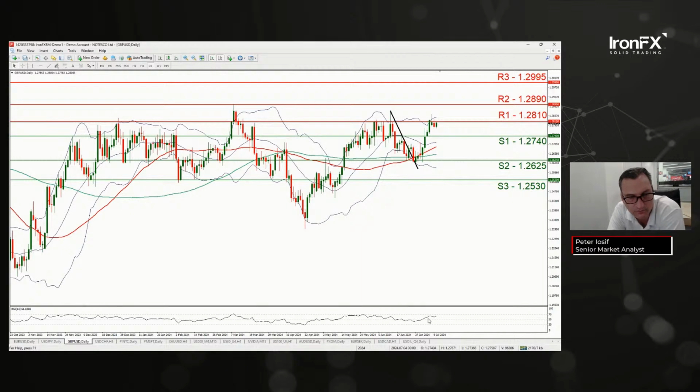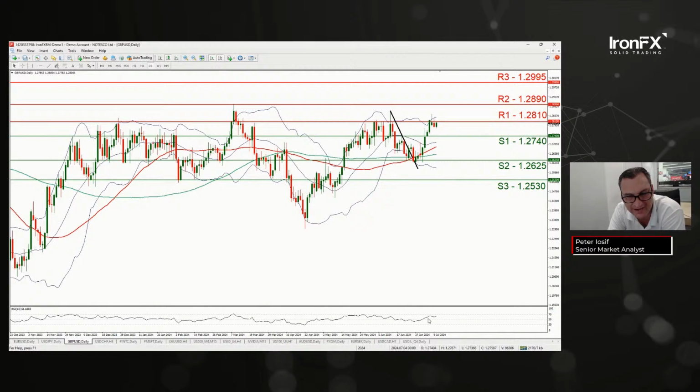Now, regarding the fundamentals of the GBP, definitely the UK elections last Thursday tended to provide some, I would say, stability in the UK political scene, as the Labour Party has won by a wide majority.